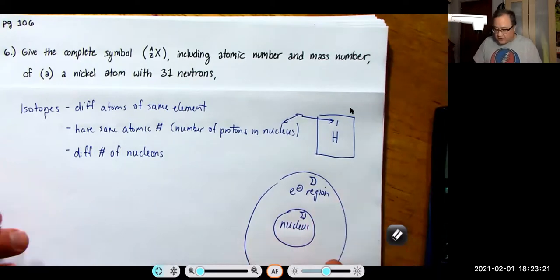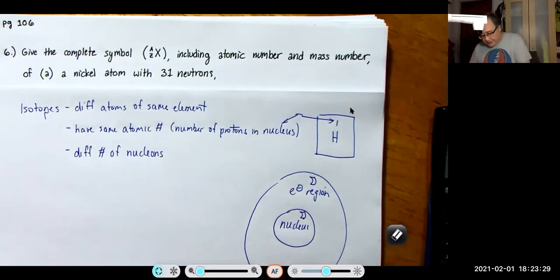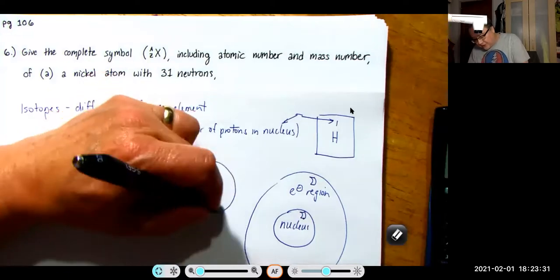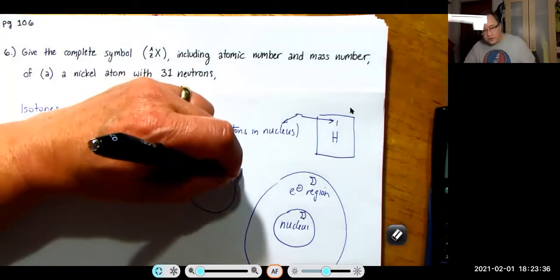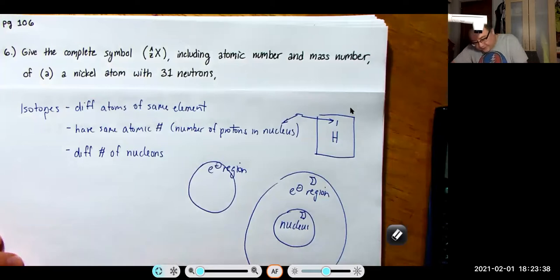Now this cartoon is a little bit ridiculous. Let me show you a more accurate picture of where you find the electrons compared to the nucleus. So let's call this the electron region. So how big is the nucleus? It's that little dot right there. That's how big the nucleus is. That dot actually may be a little too big.